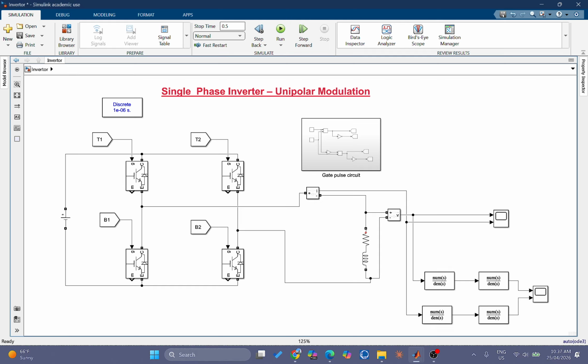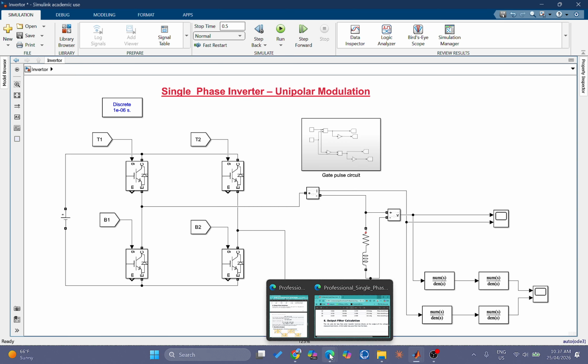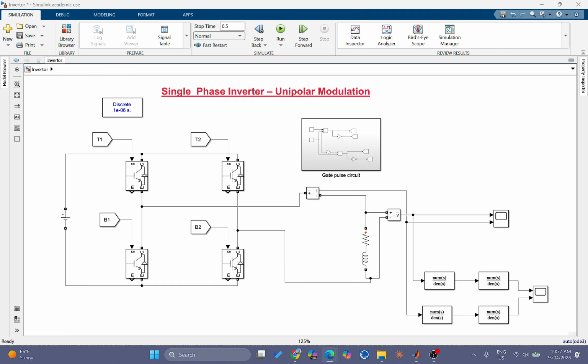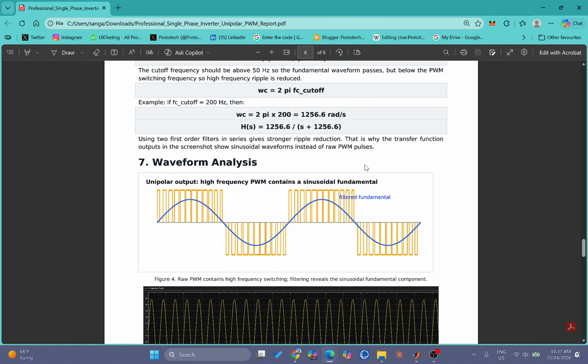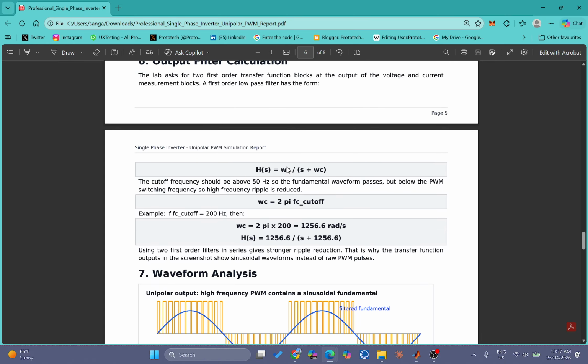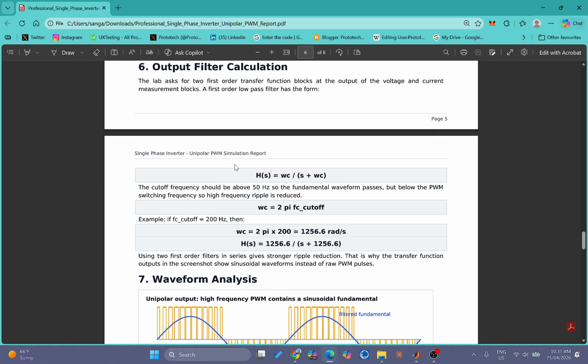And what does it do? It will filter the raw waveform into a clear sine wave. So the cutoff frequency should be 50. The low pass filter is in this form, this equation.